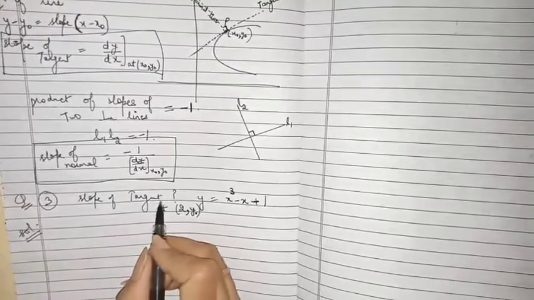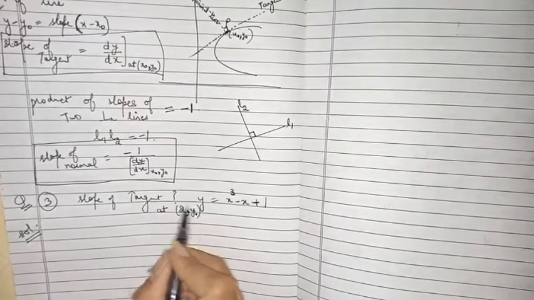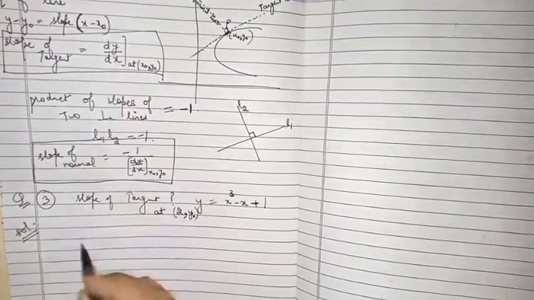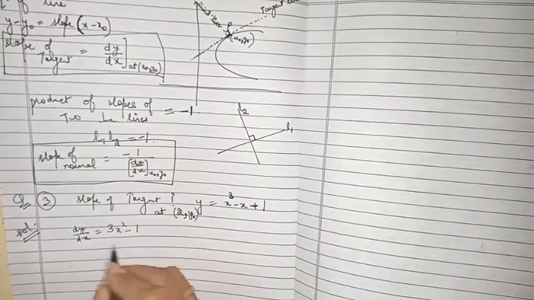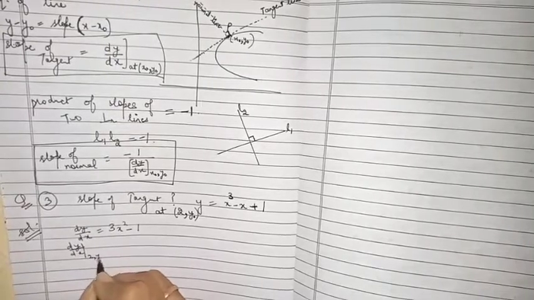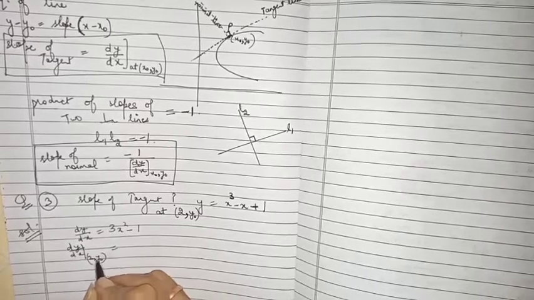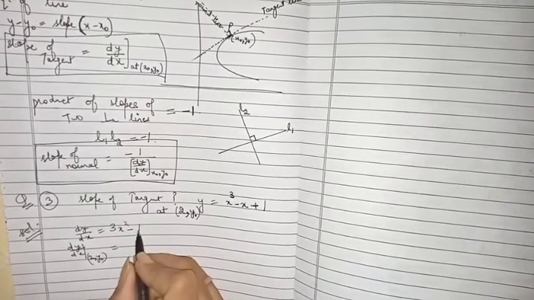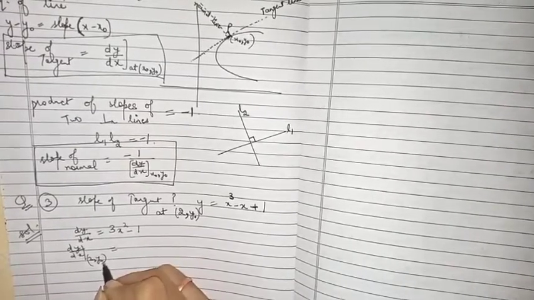Now what is my first purpose? My first purpose is to find the derivative of y with respect to x. So what is my dy by dx? It will be 3x square minus 1 plus 0. So it is 3x square minus 1. And derivative at point 2 comma y naught is equal to, just put the value of x as 2, and if it has y, then I will put the value y naught in place of y.